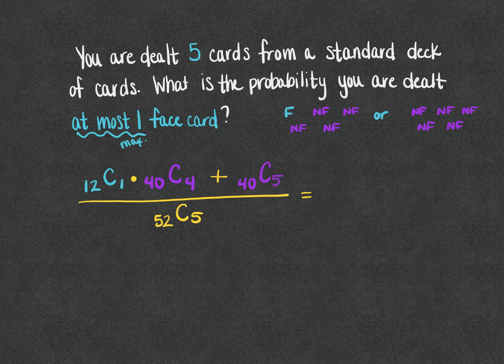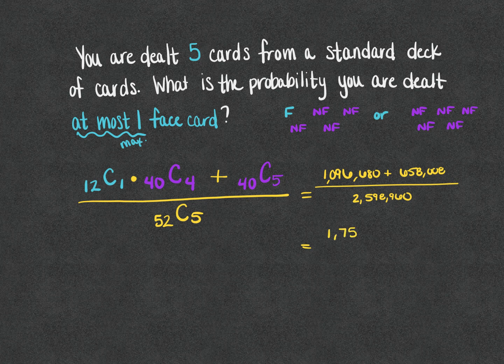That number is 1,096,680 plus 40 choose 5, which is 658,008 over 2,598,960, and adding those two numbers together in the numerator, we will get 1,754,688 over 2,598,960.